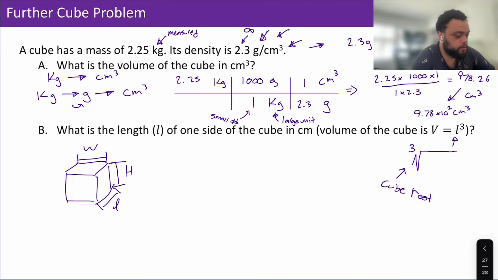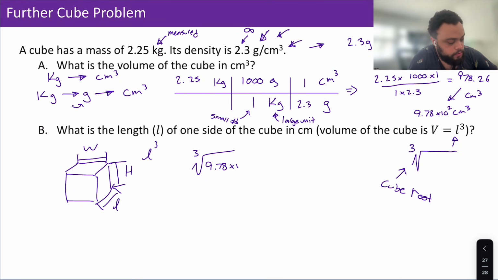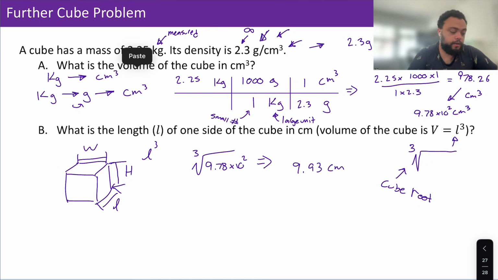For a cube, those are all equivalent, so that ends up being length cubed. So what we can do is we can take the cube root of 9.78 times 10 to the 2, or of 978. And that ends up giving us a value of 9.93 centimeters. If you cube root the number, you have to cube root the unit too.